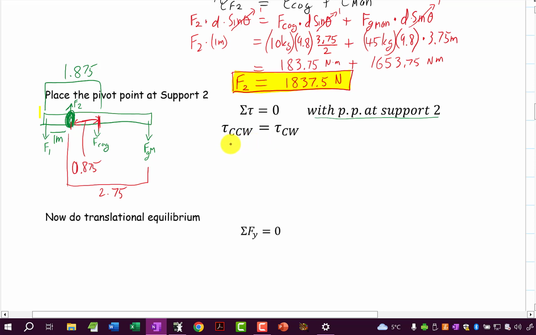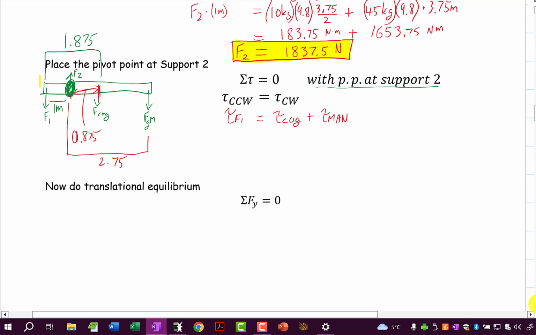So the torque counterclockwise is the torque caused by F1. The torque clockwise is the torque of the cog, center of gravity, plus the torque of the man. I'm not going to even put the signs in here this time because I already know they're all 1 or 90 degrees.